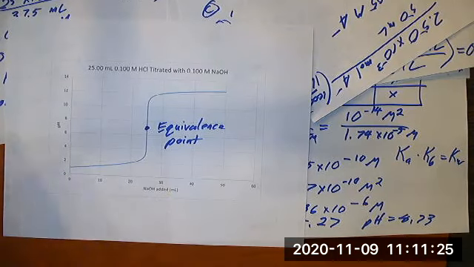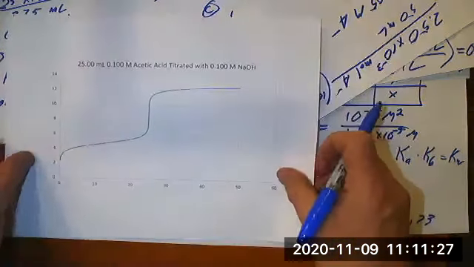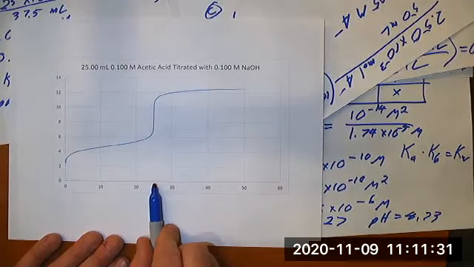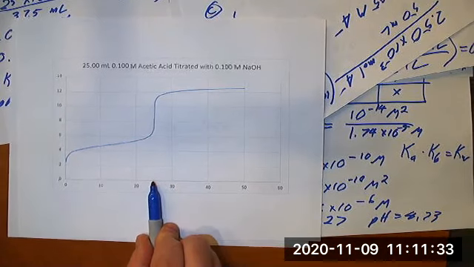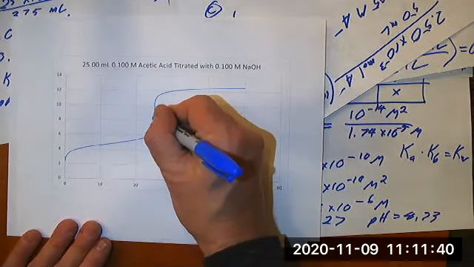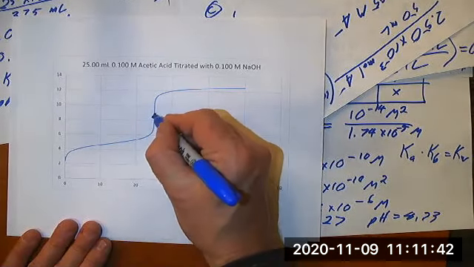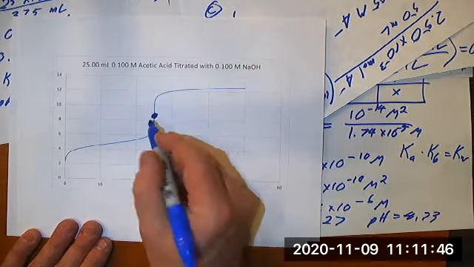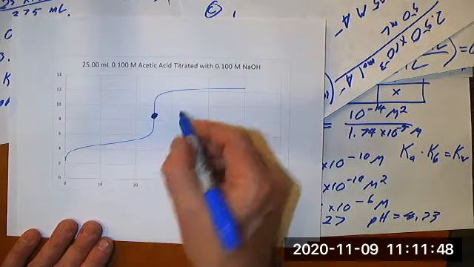When we look at the weak acid, strong base case, this is what it looks like. The equivalence point happens at the same volume as it did in the strong acid, strong base case. But the pH of it is different. Notice that our pH at the equivalence point is higher. It's the midpoint of this plot right here.